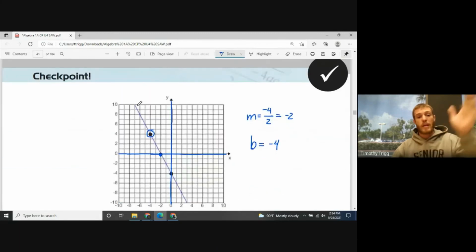However, this one is going down as you go from left to right. You see how it's going down? So that would be a negative slope. So that's how you can always tell whether your slope should be positive or negative. Is it going up as you go from left to right? Or is it going down as you go from left to right? Okay.